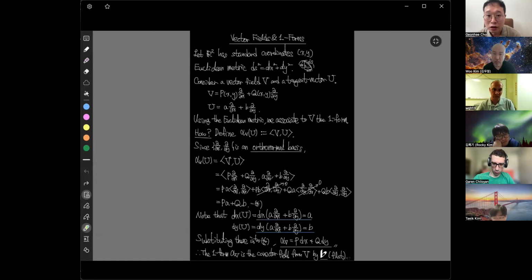Whereas for vector fields, the coefficients you are using are not scalars, they are functions. So you are using the so-called module structure rather than the vector space structure. The module structure means there is a ring taken as scalar multiplication. So the set of functions is considered as a ring that is used for the scalar multiplication.